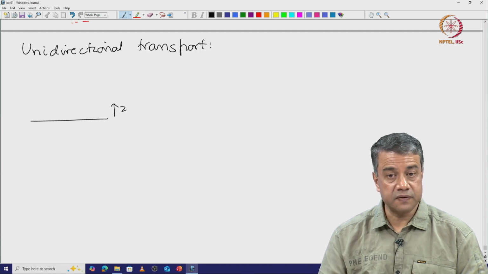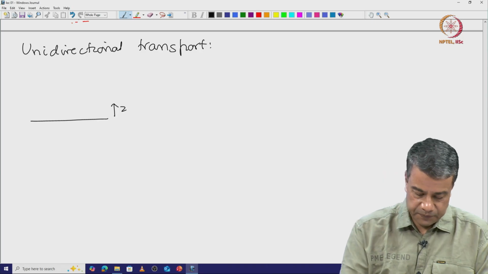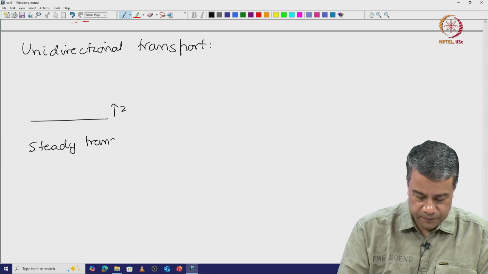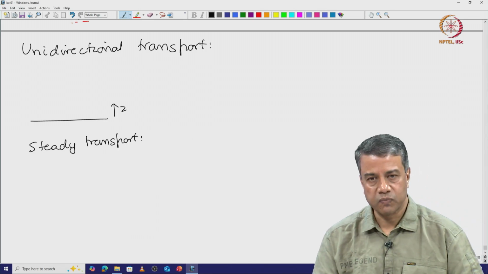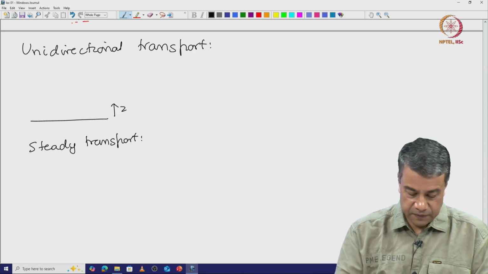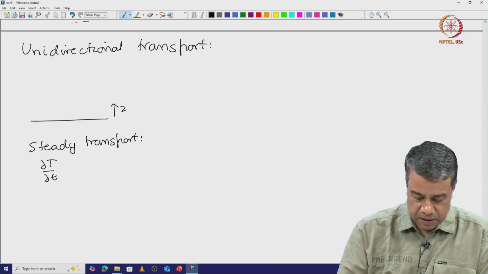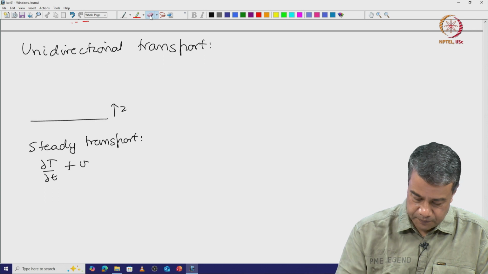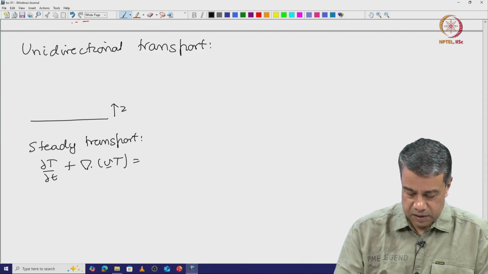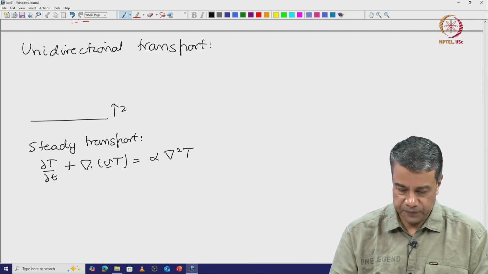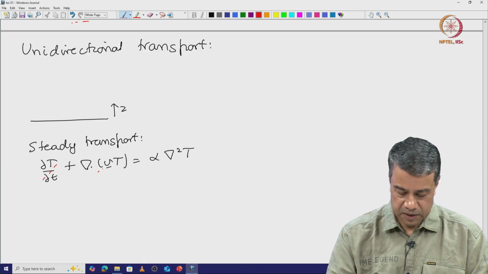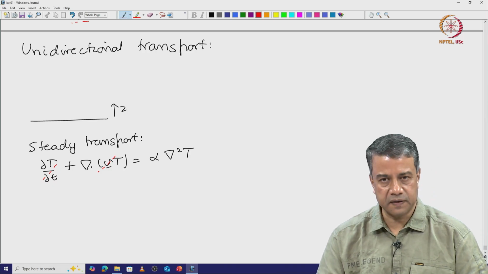So, let us take the simplest case for steady transport. You know that the equation, for example, for the temperature field is partial T by partial t plus del dot V T is equal to alpha del square T. For steady transport, the time derivative is 0, and if we consider 0 velocity, then we just get alpha del square T equal to 0.